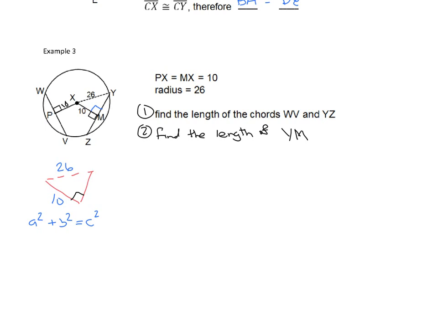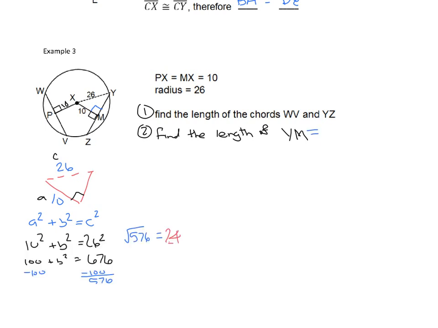So I redrew the picture just so you guys can see it a little bit clearer. Be careful because we're given the C value and an A value or B value, wherever you want to put that. But we're given the C value, so be cautious of that when we work this out.